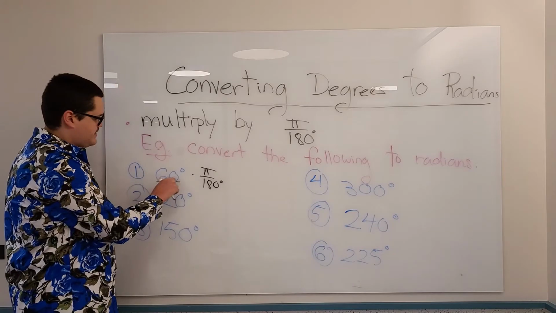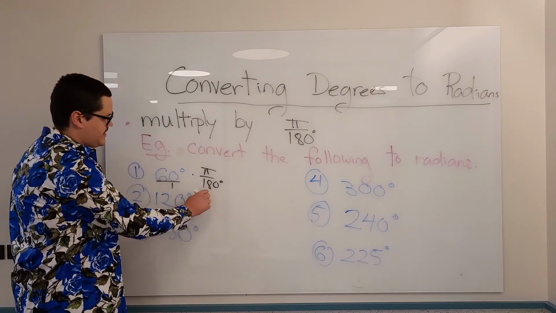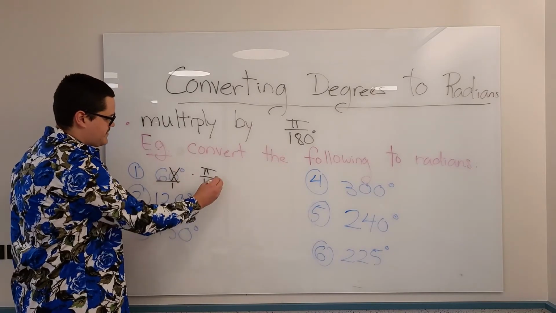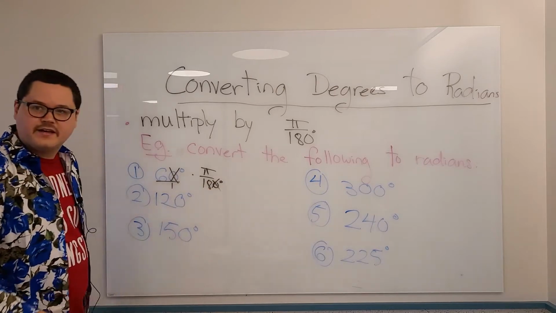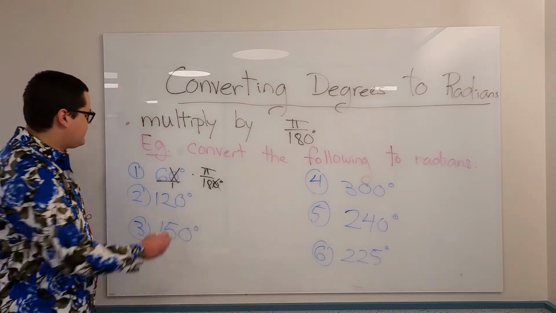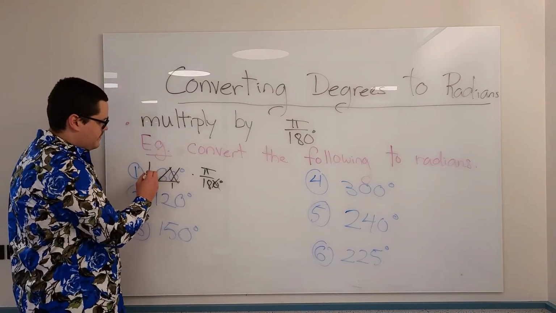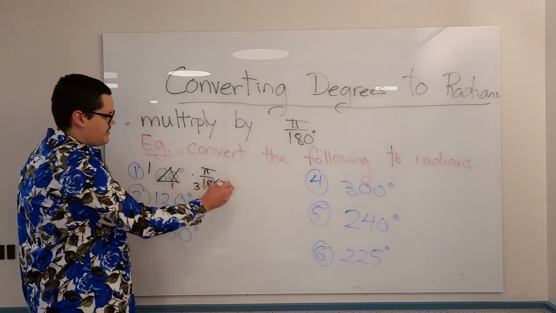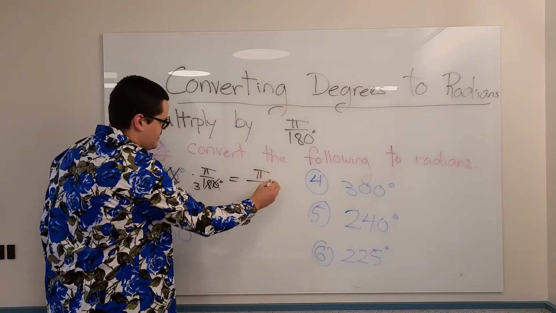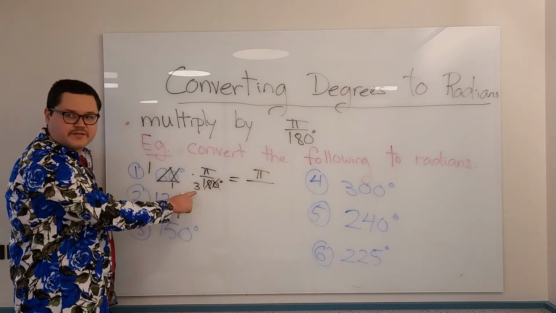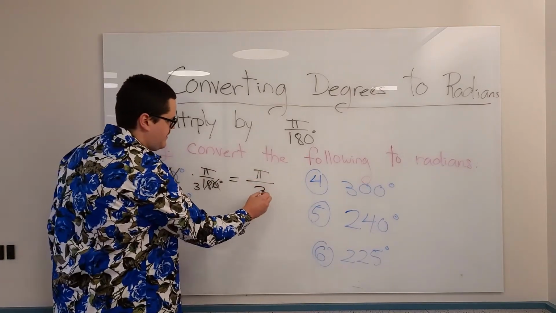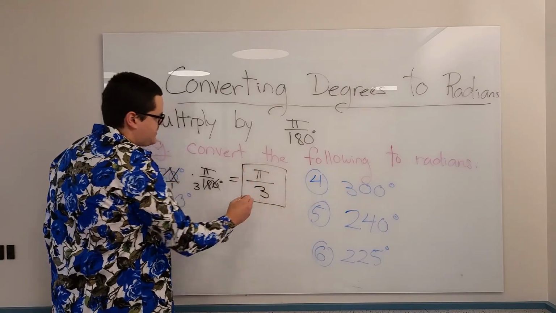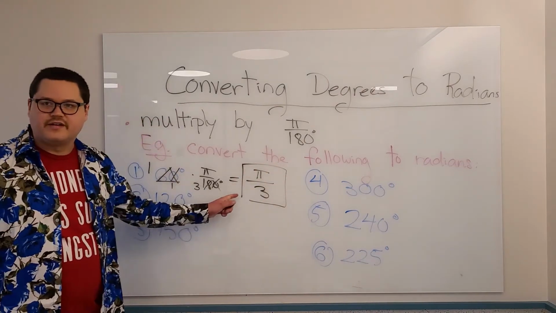Okay, so 60 is 6 times 10, 180 is 18 times 10, so the zeros will cancel out because those are really 10s that are being multiplied. So 6 goes into itself once, goes into 18 3 times. So upstairs we have 1 times pi, downstairs we have 1 times 3, everything else canceled out. So 60 degrees is pi over 3 radians.